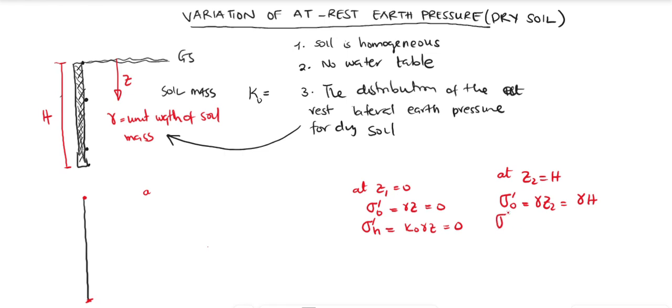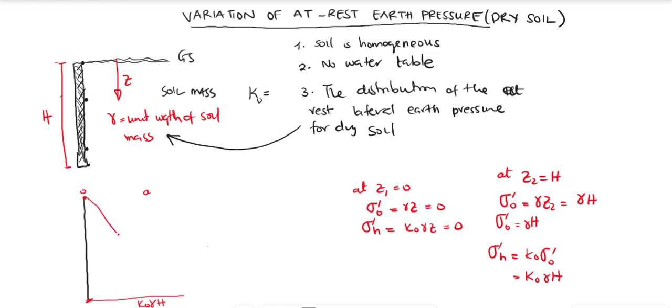So sigma prime naught is going to be gamma H. And so the at rest earth pressure is going to be K naught sigma prime naught, which is K naught gamma H. So at this side it is gamma H K naught, then at this side it was 0.